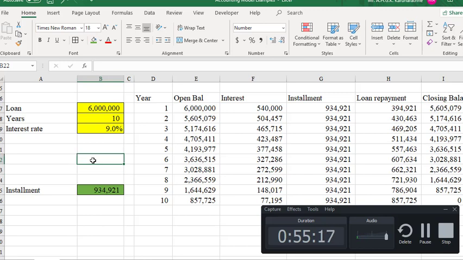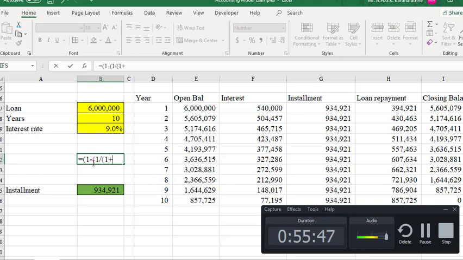Actually, installment value is computed like this, right? I'll show you the present value interest factor annuity formula. It is something like this: 1 minus 1 divided by 1 plus r.